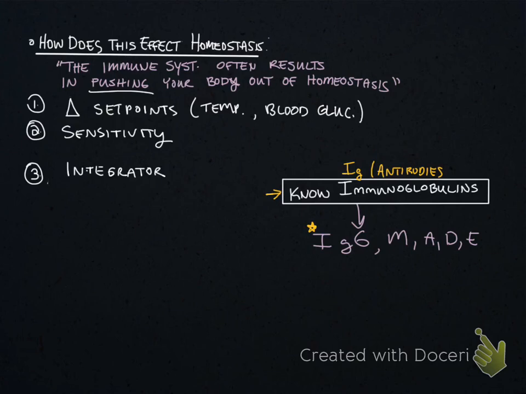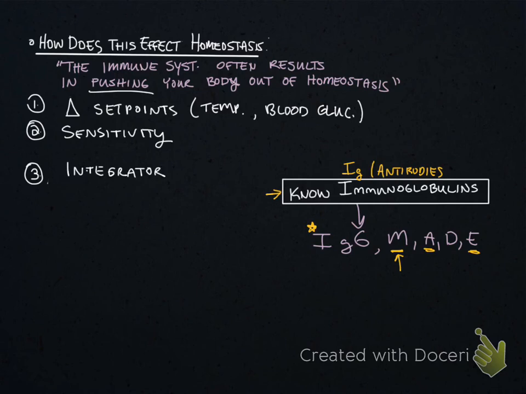IgA is prevalent in mucous membranes, especially in the respiratory tract and the GI tract, also in saliva and in your tears. IgM is mainly found in the blood and the lymph, and is the first antibody made to fight a new infection. So it's the first soldier on the front.